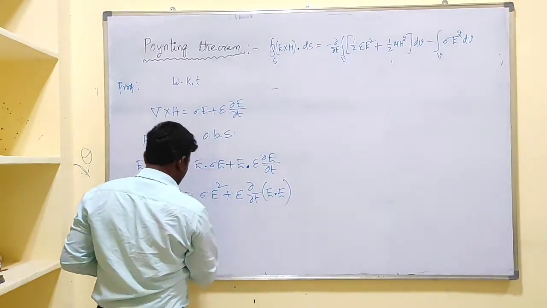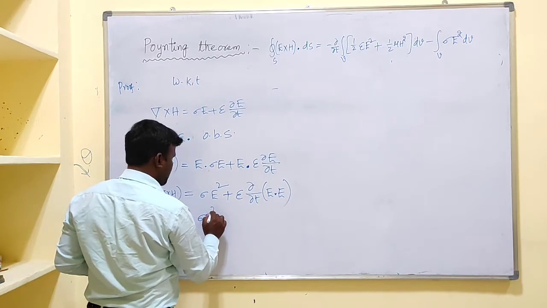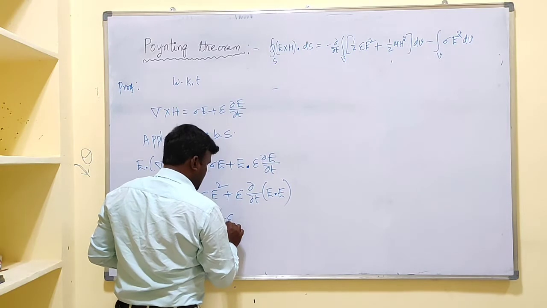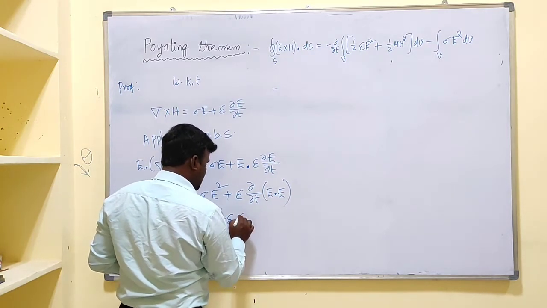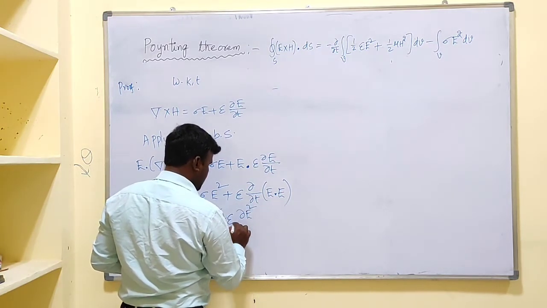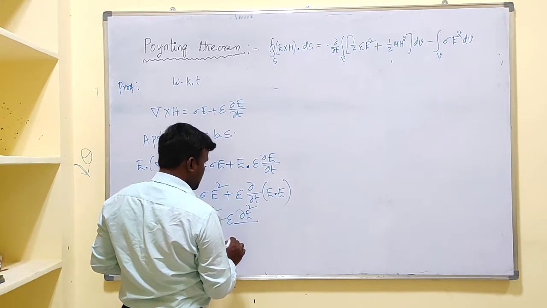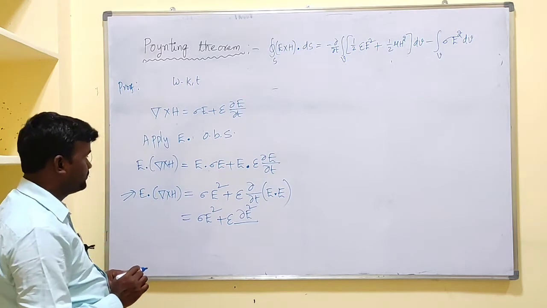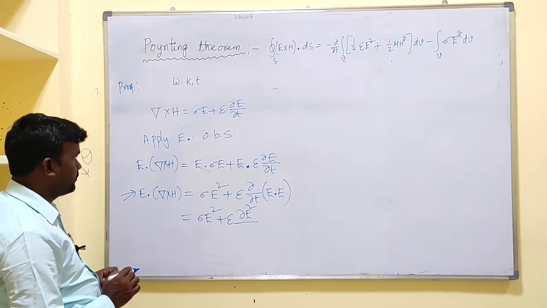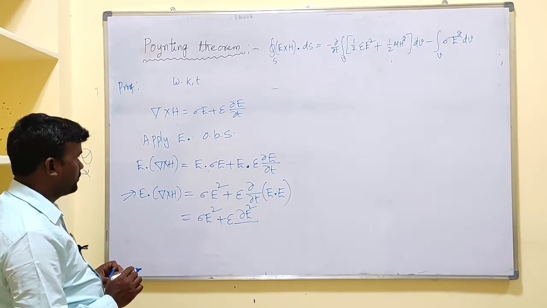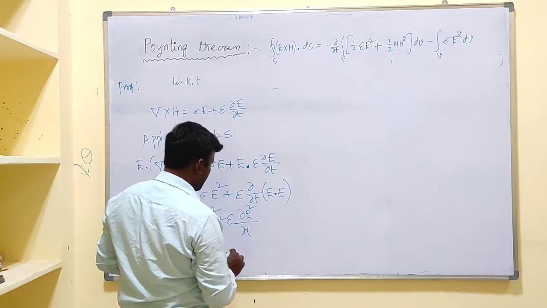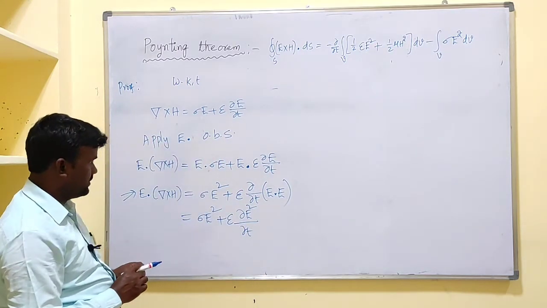Then we can write this as sigma E square plus epsilon dou by dou t of E square, that is 1 by 2 epsilon E square.